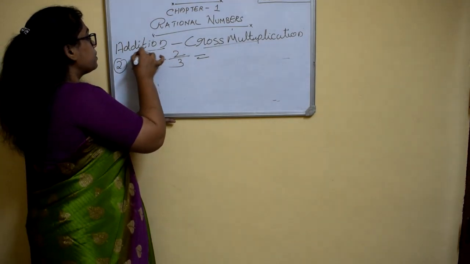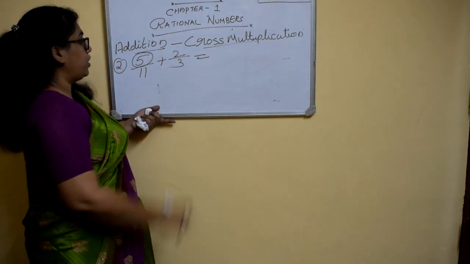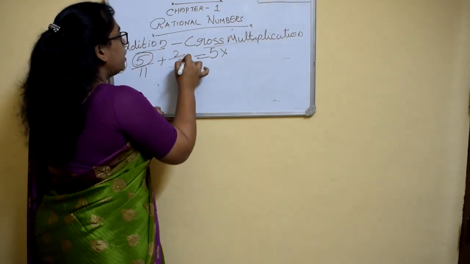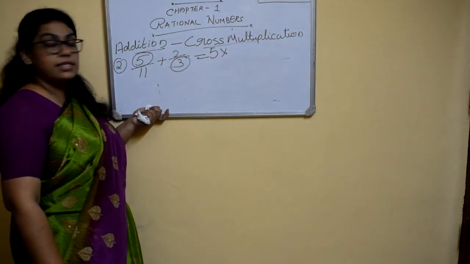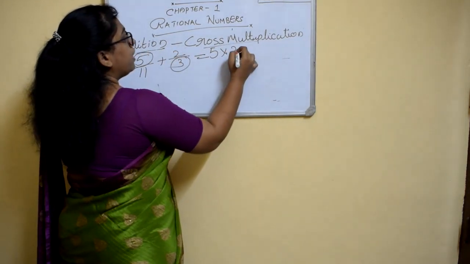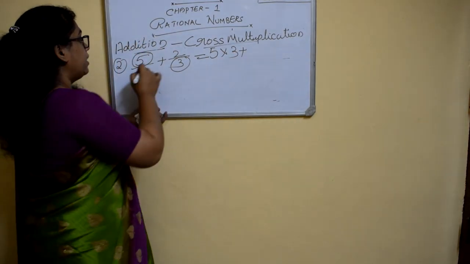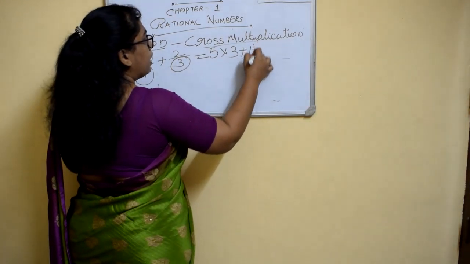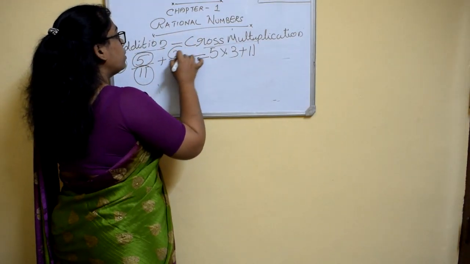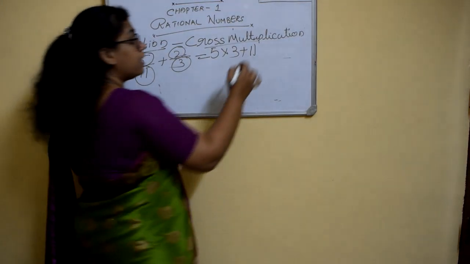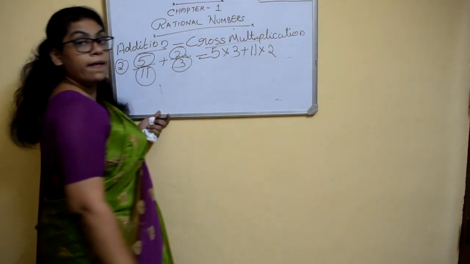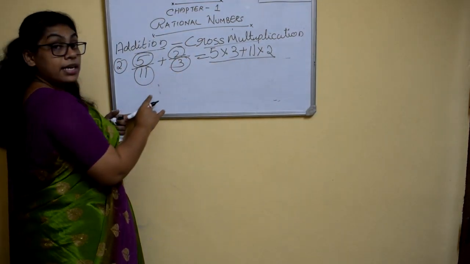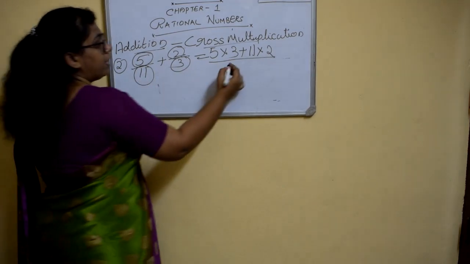Here, the numerator of the first rational number, 5, into the denominator of the second rational number, that is 3. Then addition plus. Then the denominator of the first rational number, that is 11, into the numerator of the second rational number, that is 2. All divided by the denominators, 11 into 3.